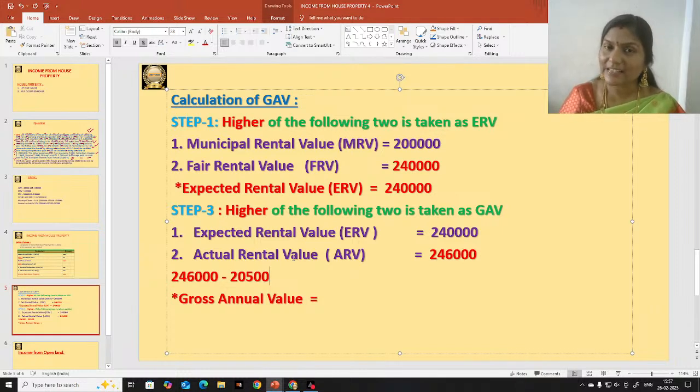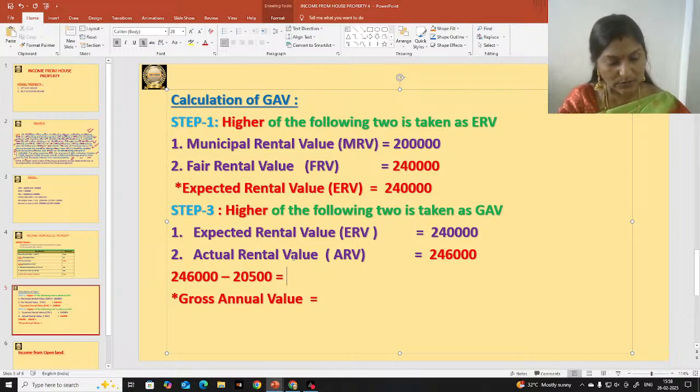After selecting the highest one, we deduct the vacancy period amount. Here our house is vacant for 1 month, so we deduct 1 month's rent. So how much do we get now? 2,46,000 minus 20,500 gives us 2,25,500. Hope this is clear for everyone.